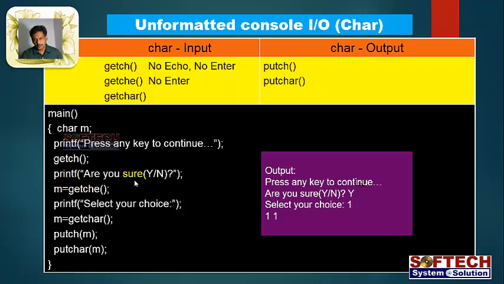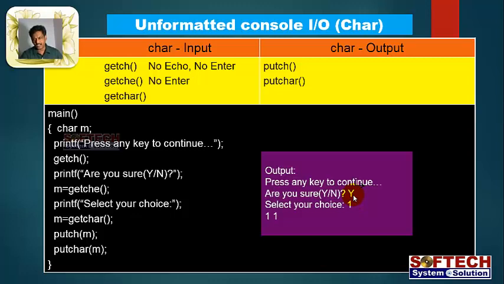The next one is printf are you sure y/n, which is displayed on the screen. Here we use getche, where m is a character variable, m equal to getche. This function name is getch, and this name is getche. So this is also a way to accept a character. If we press a character, it is displayed on the screen, but we don't need to press the enter key.